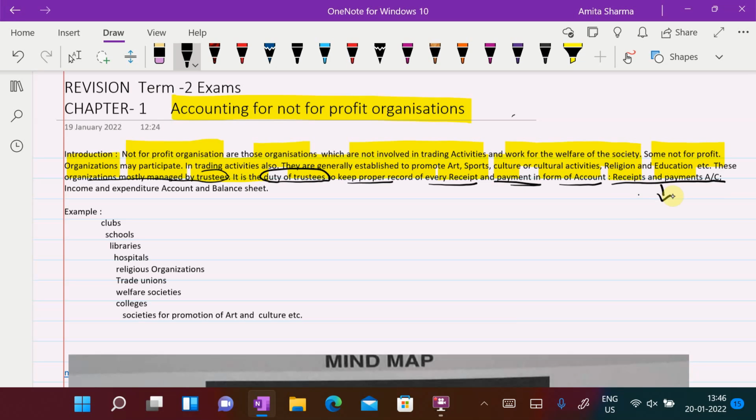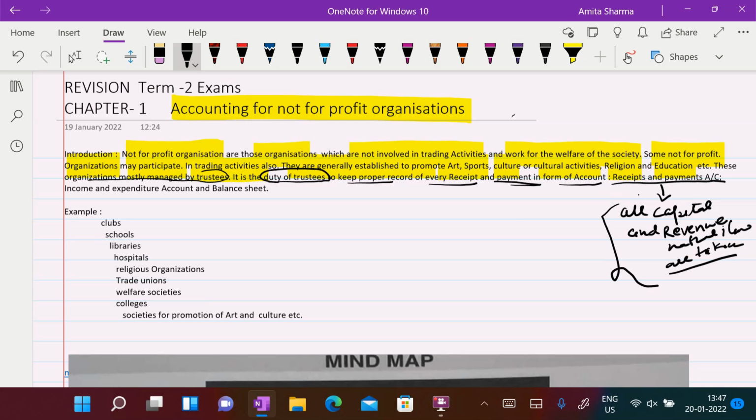And in receipts and payment account, all capital and revenue nature items are taken. Later we will discuss in detail about receipts and payment account.